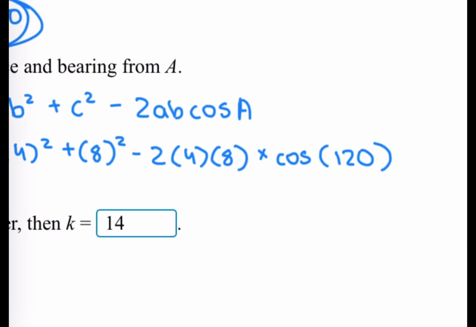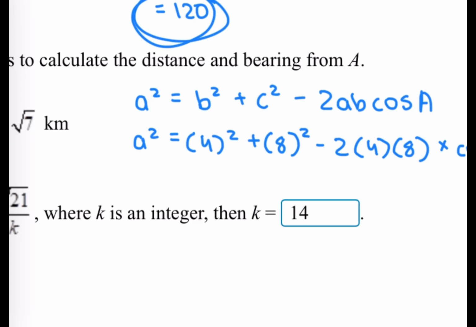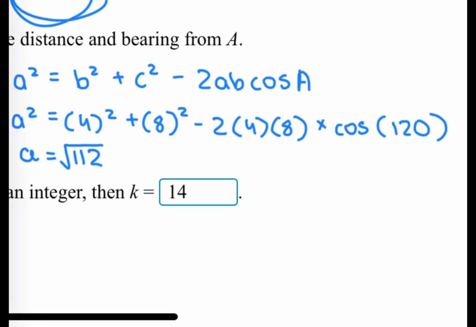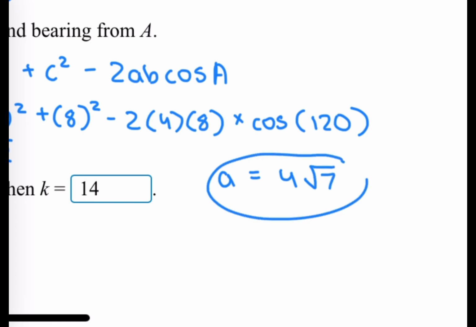And now we can solve this, and we're gonna get that a squared is equal to 112. We can put a radical on it, solve for just a, and then we're gonna get that a is equal to 4 radical 7.